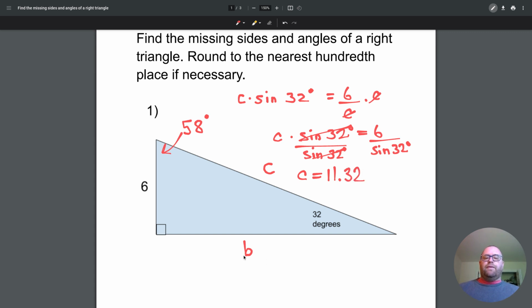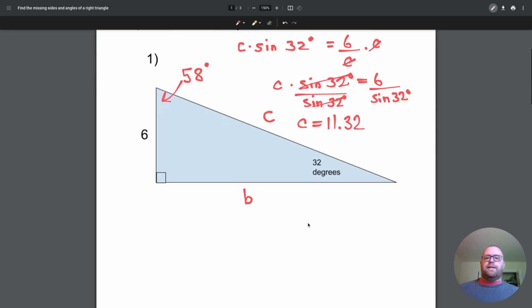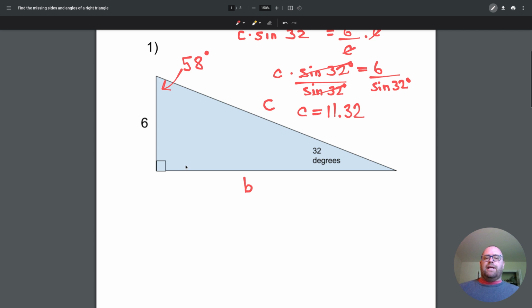Okay, and now we want to find B. So one way we can do this, if we want to find B, is we can say that the tangent of 32 degrees is going to equal the opposite side 6 over the adjacent side B. Just like we did in the first one, we'll rearrange this to say B equals 6 divided by the tangent of 32 degrees.